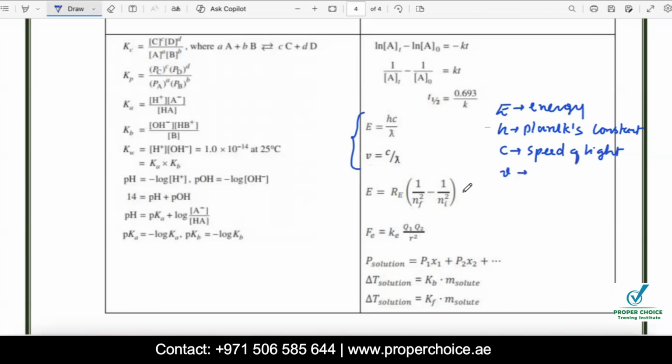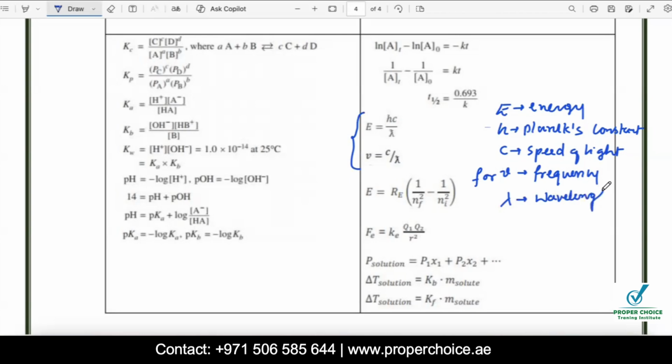Frequency can sometimes also be written with the notation f. f or v means the same, that is frequency, and this symbol lambda represents the wavelength.